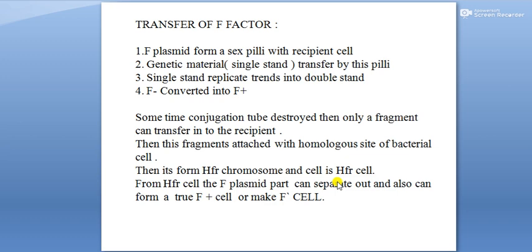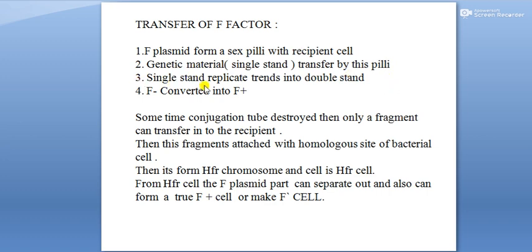Those F plus cells, with the help of the F plasmid, create a sex pili, which creates a contact between the donor and recipient. Next, number 2, genetic material, that is single stranded DNA, is transferred by this pili. Through this pili, the genetic material of the donor cell is transferred into the recipient cell.